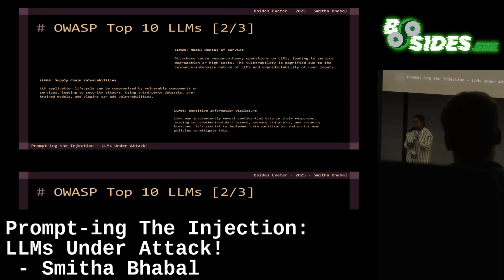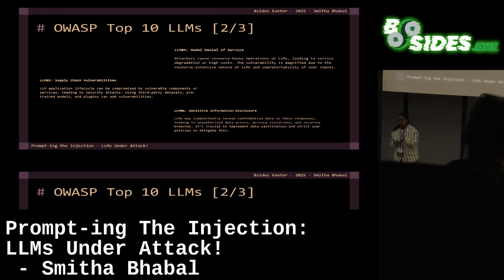LLM05 covers supply chain vulnerabilities. These vulnerabilities affect the application lifecycle of the LLM and compromise vulnerable components or services, leading to supply chain attacks. Using third-party data sets and trained models, these plugins can add vulnerabilities.